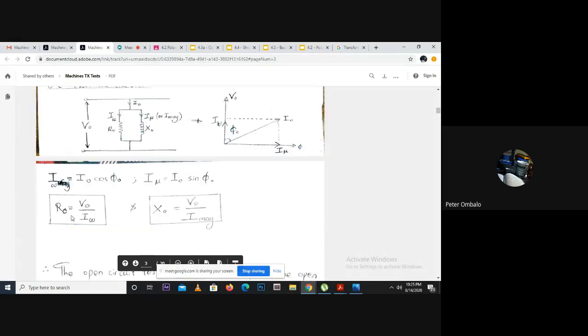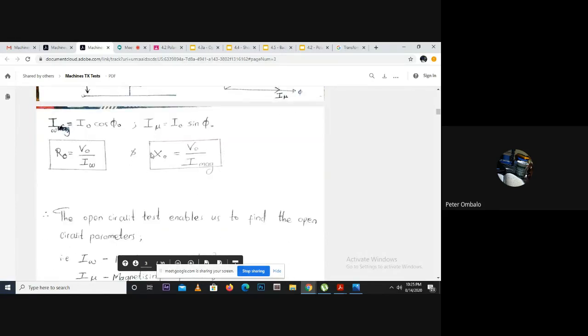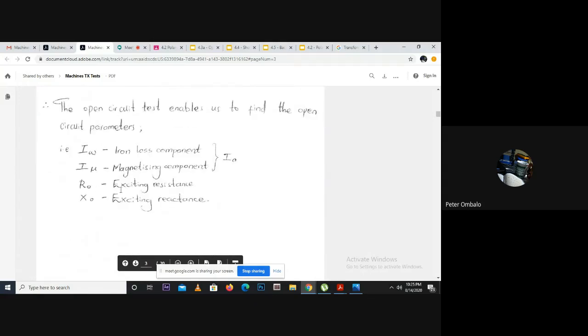Yeah, so the open circuit test enables us to find the open circuit parameters. And the open circuit parameters are IW, the iron loss component, I mu, the magnetizing component, both of which form the no load current, and then R naught, the exciting resistance, and X naught, the exciting reactance.